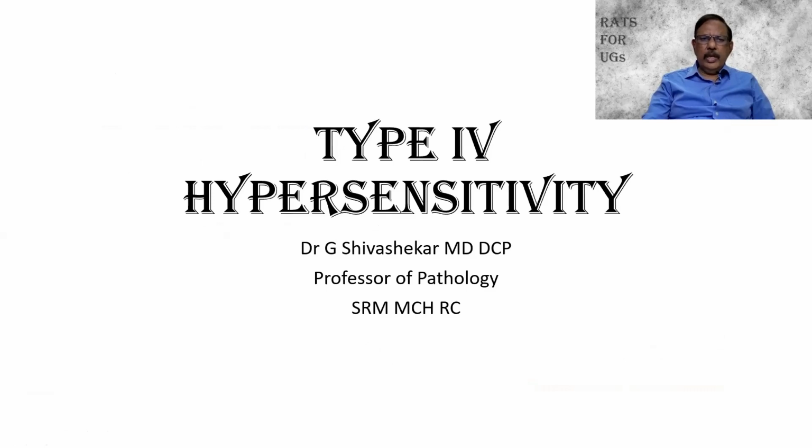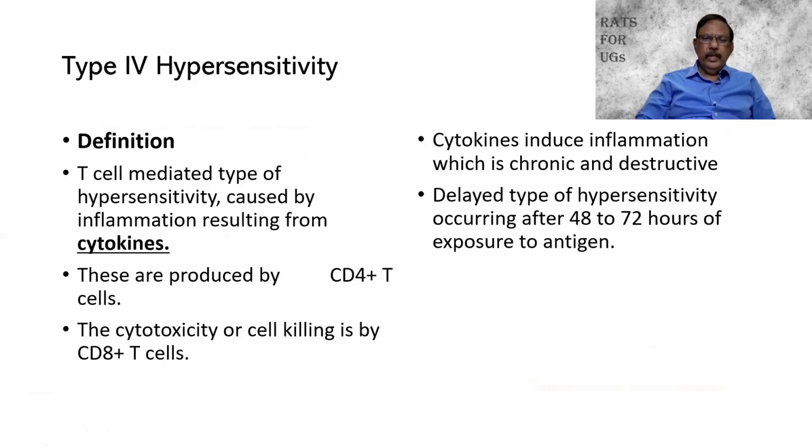And this is a prototype of type 4 hypersensitivity. This itself is a university question for us. What is the definition? It is a T cell mediated type of hypersensitivity caused by inflammation resulting from the release of cytokines.